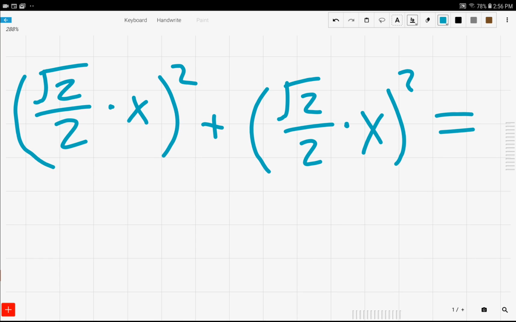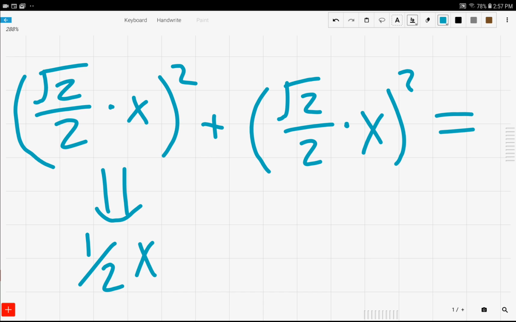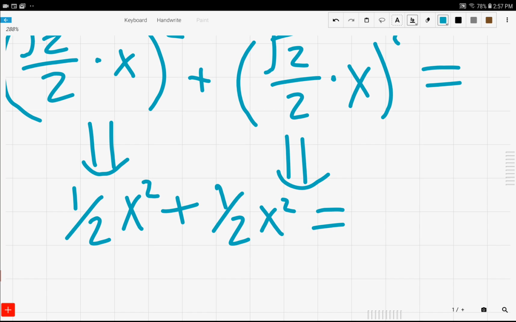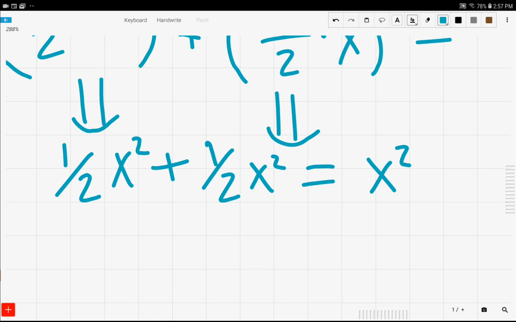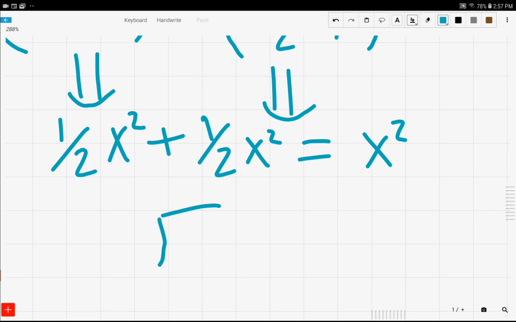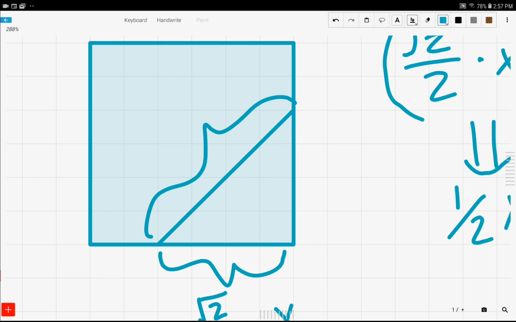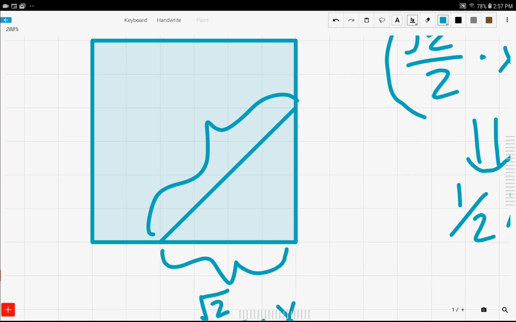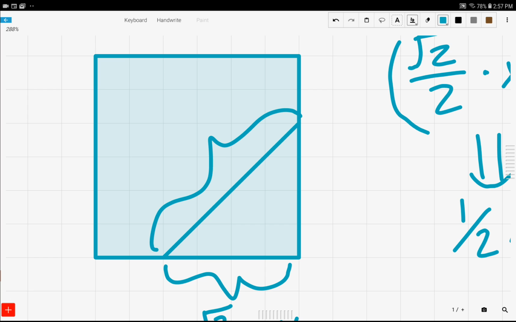So evaluating this, we get 1/2 x squared plus the same thing, 1/2 x squared, is equal to x squared. And when we square root it, we have x. So if we assume that the side of this right triangle is square root 2 over 2 times x, then the length of the diagonal fold that we just created is x.